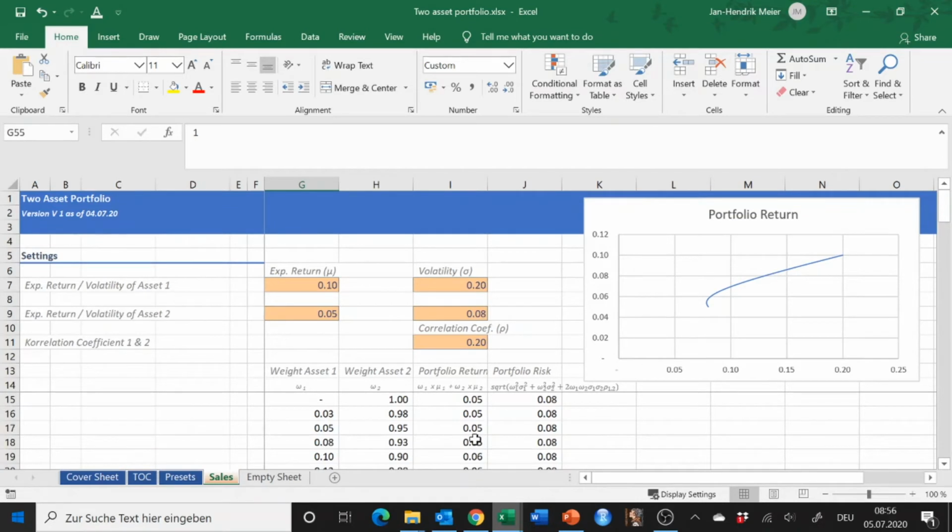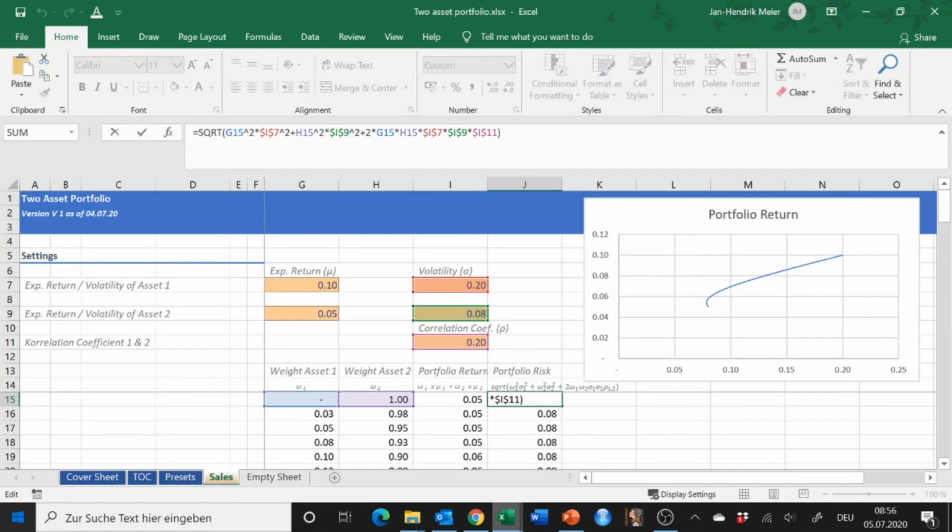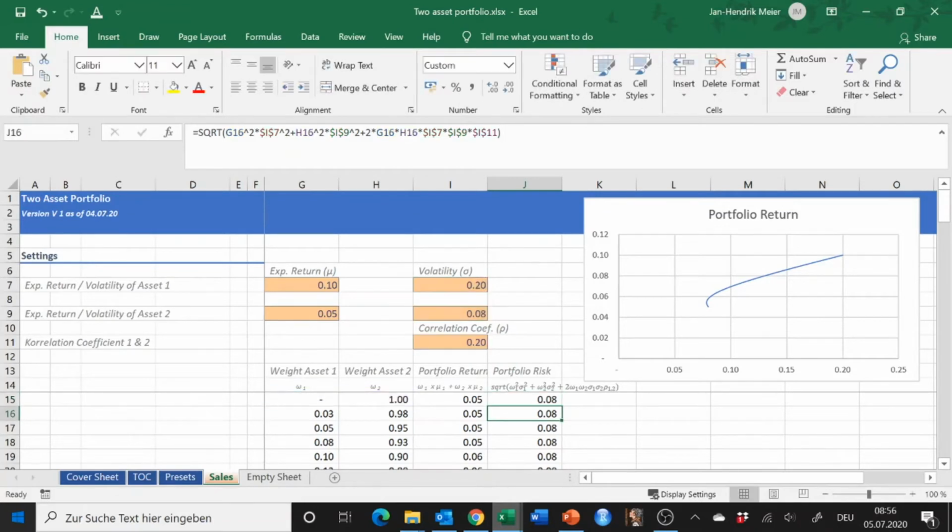And then the usual formulas are taken into account. So here we see the portfolio return, and here we see the portfolio risk. So this is the formula we're talking about. We just took the square root to have the volatility here, because the volatility is entered for the single assets, and of course we need the volatility, so the square root of the variance.